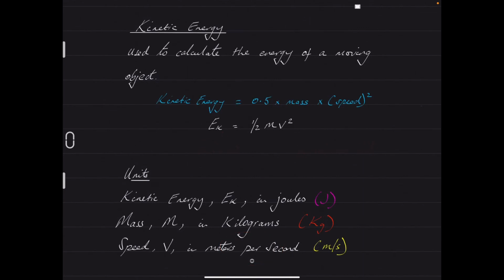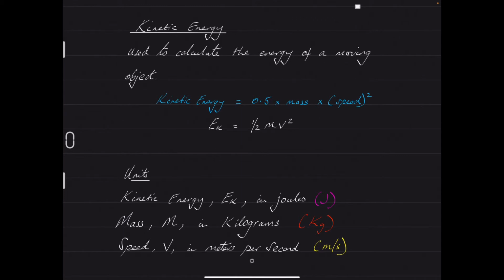Here we can see a quick recap, a quick breakdown of the equation for kinetic energy. Kinetic energy is used to calculate the energy of a moving object, and the equation is half mv squared. And I've showed you the equation in a word format and also in its broken down symbol format.